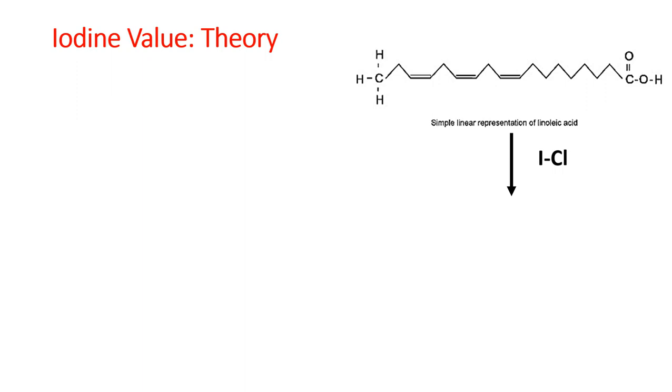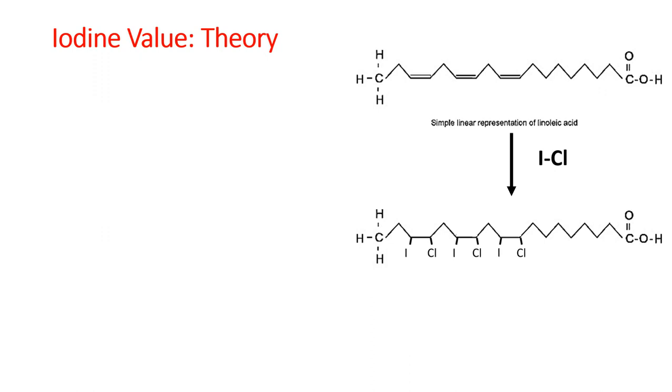Now this iodine monochloride goes and forms a bond with the unsaturated carbons. Like this, iodine will break the bond, or it will remove the unsaturation, and iodine will get attached to one end of the double bond, whereas chloride will be attached to the other end. Similarly for the second double bond and the third double bond.